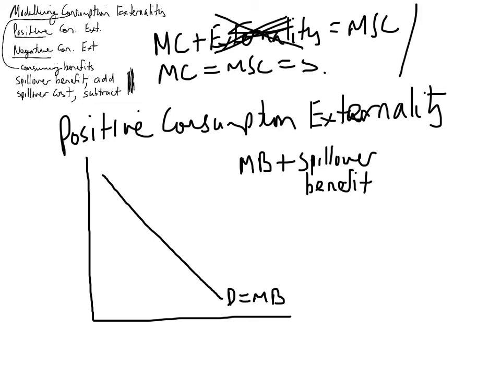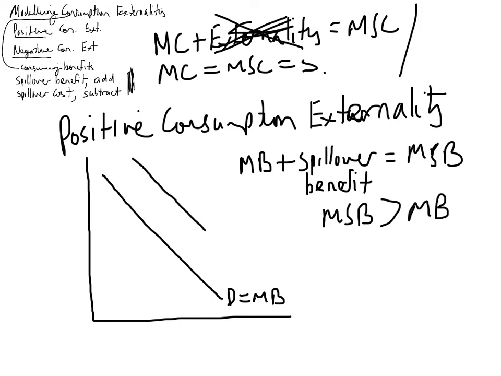A third-party benefit. It's just the same as a spillover benefit, one and the same. And so what we've got here is marginal social benefit. What's this telling us? Well, it's telling us that the marginal social benefit is greater than the marginal benefit. So if I'm going to draw that curve in, that's where it goes, marginal social benefit.